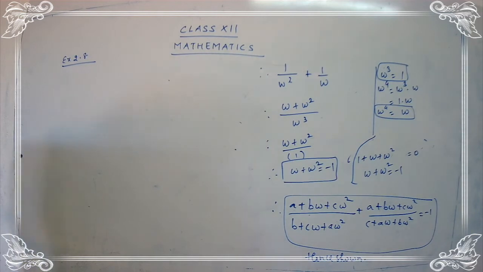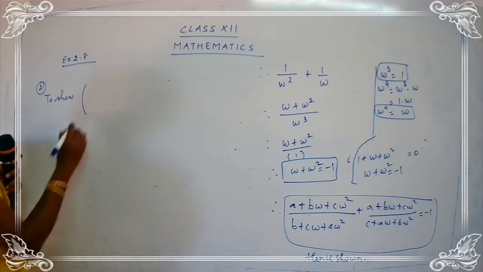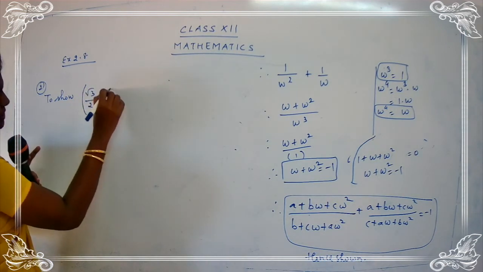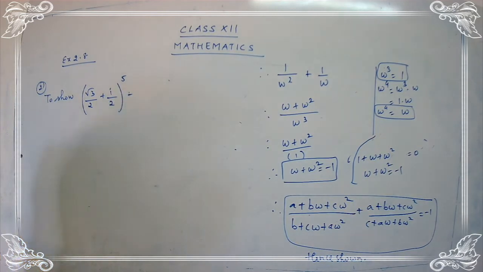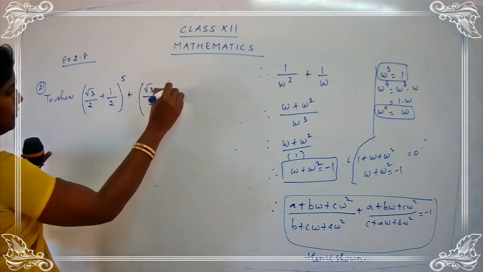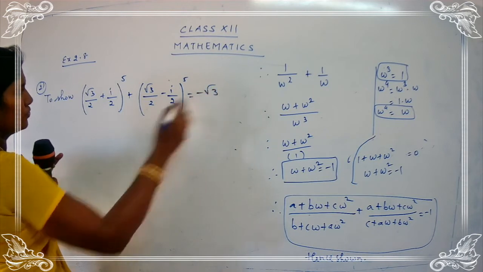Let's go for sum number 2. To show: (root 3 upon 2 plus i upon 2) the whole raised to 5 plus (root 3 upon 2 minus i upon 2) the whole raised to 5 is equal to minus root 3.